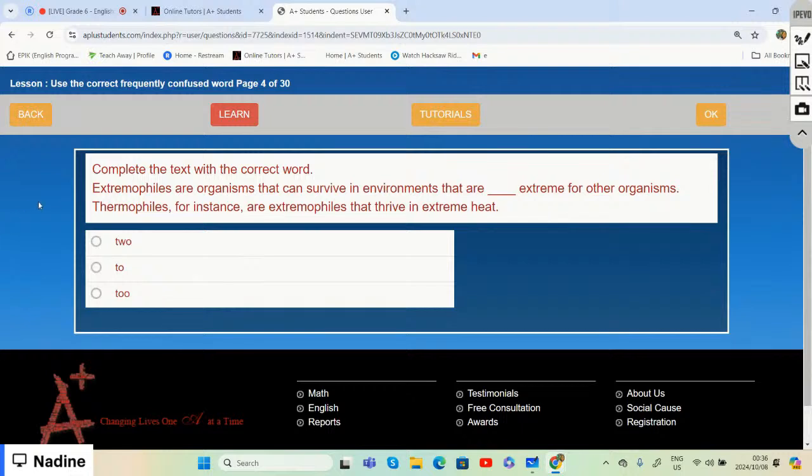So here it says extremophiles are organisms that can survive in environments that are, do we say, too extreme for other organisms. Thermophiles, for instance, are extremophiles that thrive in extreme heat. Too, that says it is too extreme.